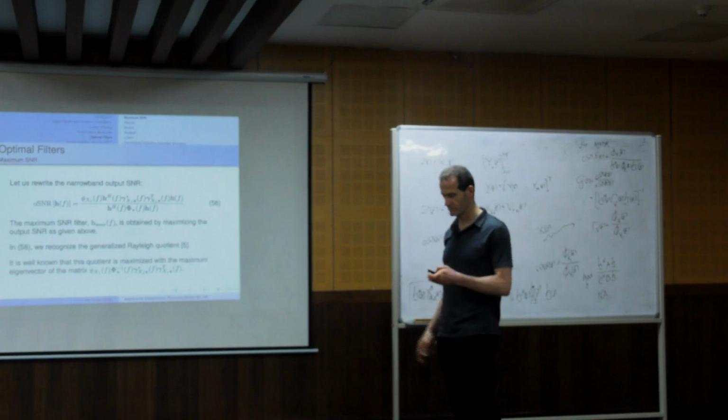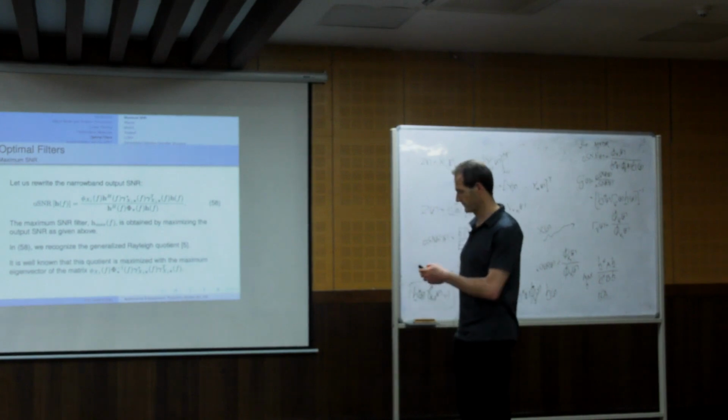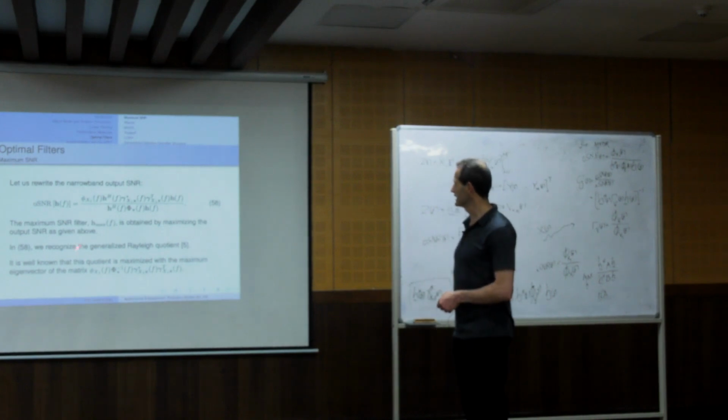There is also a proof of that. Okay, so we see that it's known that it's maximized. So if we take B^{-1} and multiply it with this matrix, it will be the first eigenvector.